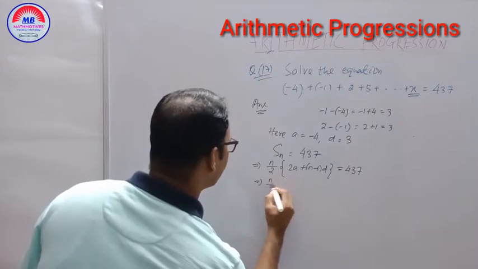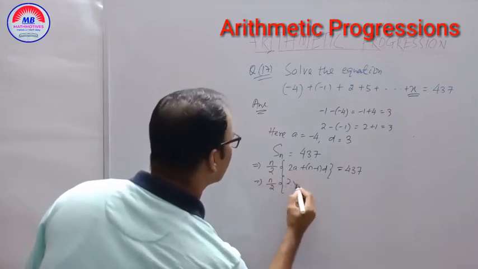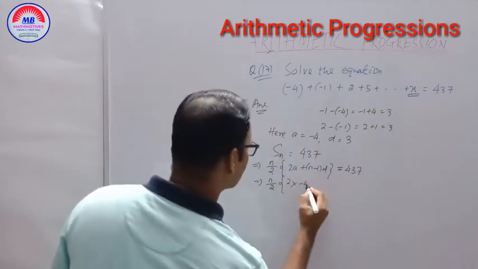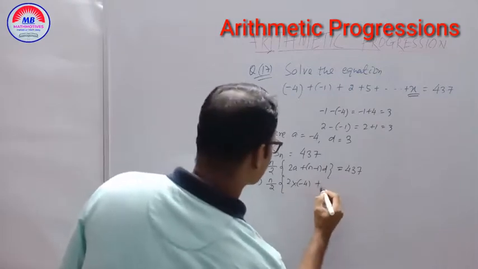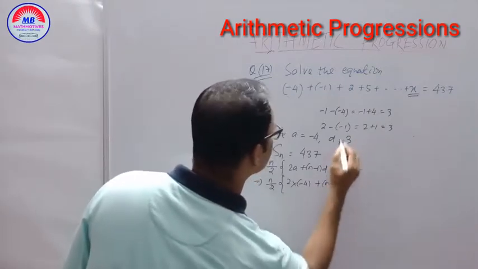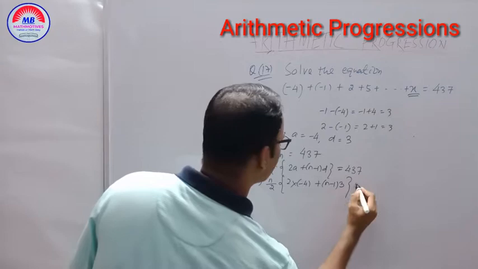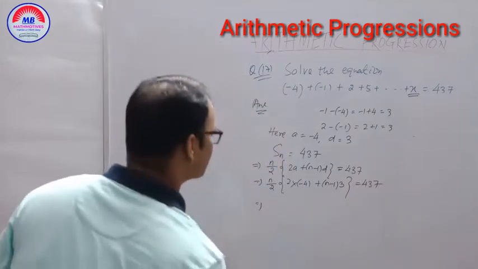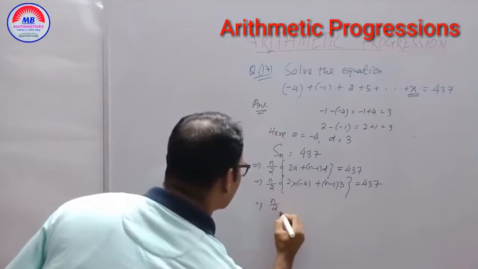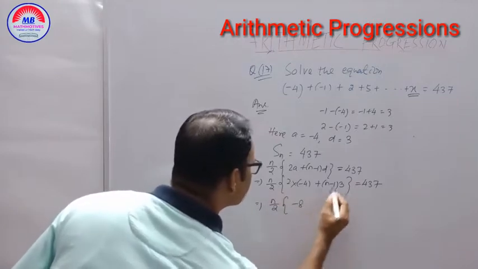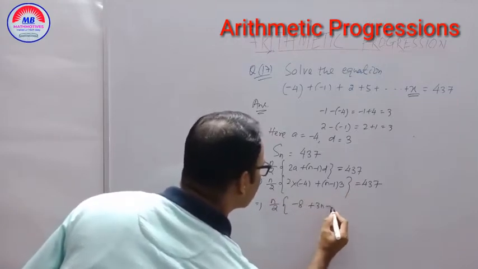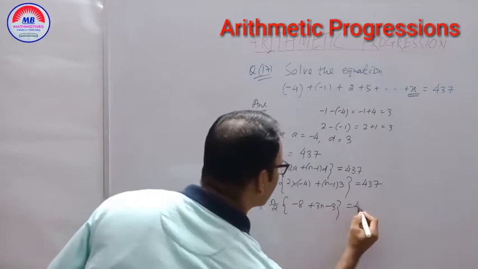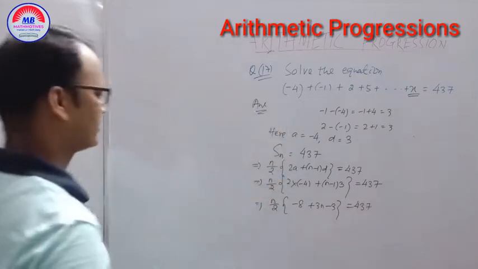That implies n by 2 into 2 times a, a is -4, plus n minus 1 into d, d is 3, equal to 437. You can write n by 2 into -8 plus 3n minus 3 equal to 437.